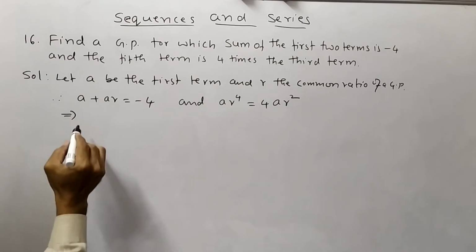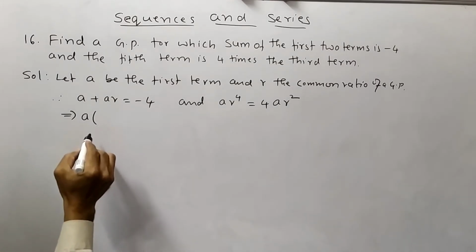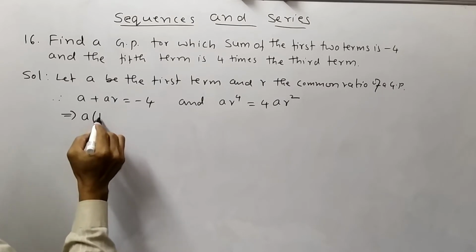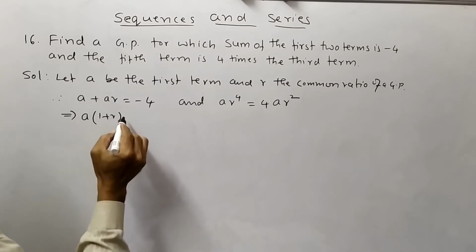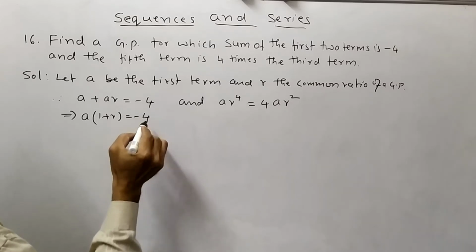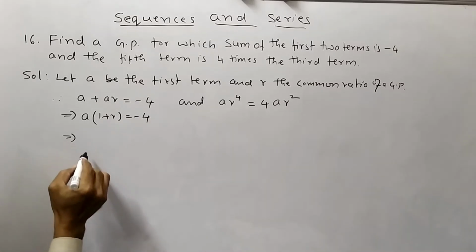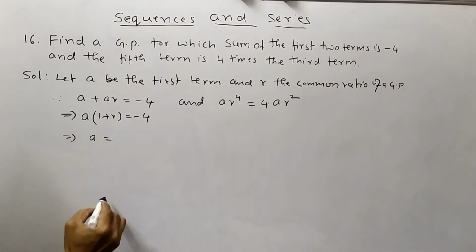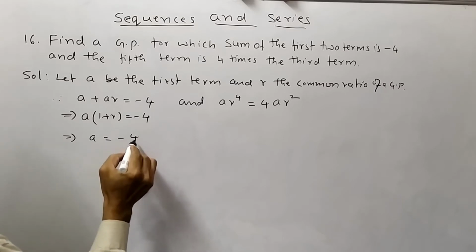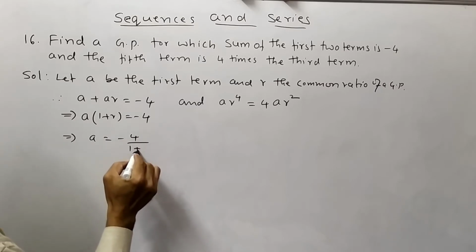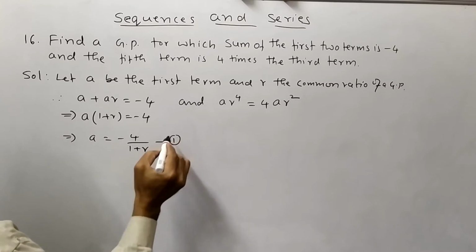This implies A into bracket 1 plus R is equal to minus 4, implies A is equal to minus 4 divided by 1 plus R. Say number 1.